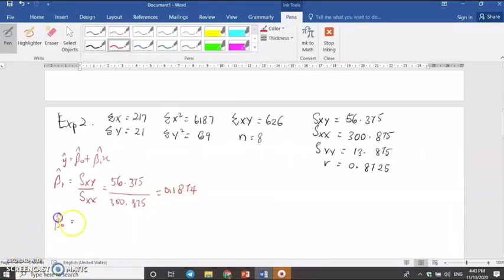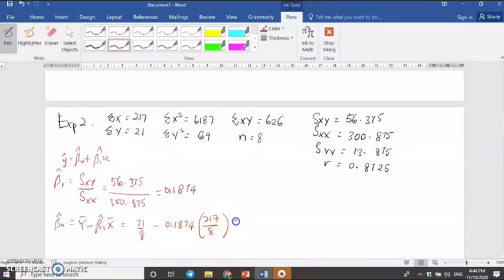So for beta 0, which is equal to y bar, y bar, not y hat. So y bar minus beta 1 hat, and then we have x bar. So this formula come out with the value of y, which is 21 divided by 8 minus 0.1874, our beta 1 hat, and then times with x bar. So our x bar, which is 217 over 8.